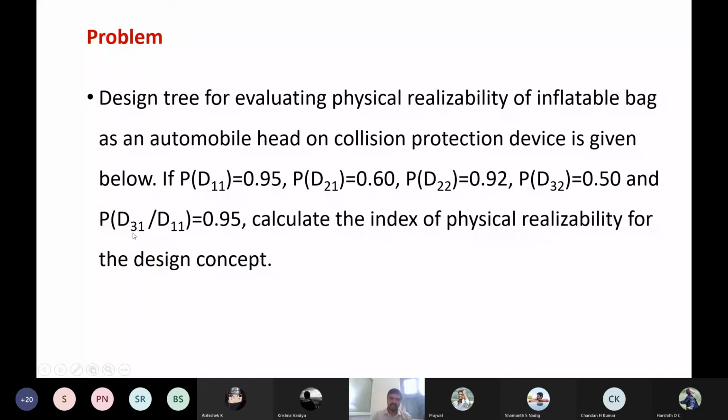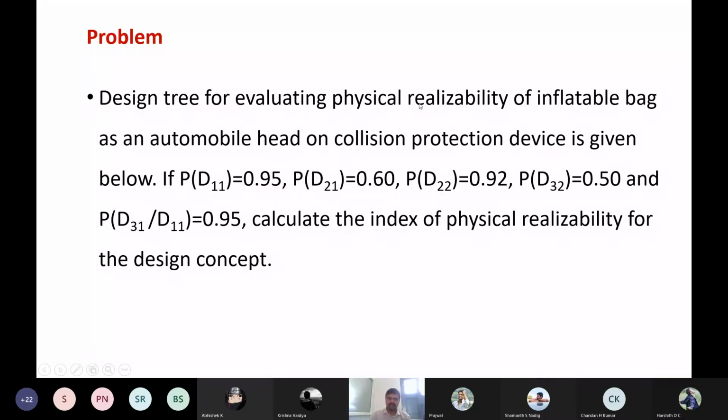If there is mutual dependency, then you make use of this conditional probability. That is also given. Calculate the index of physical realizability for the design concept. That means, what is the overall physical realizability of the design concept? That you have to find out.